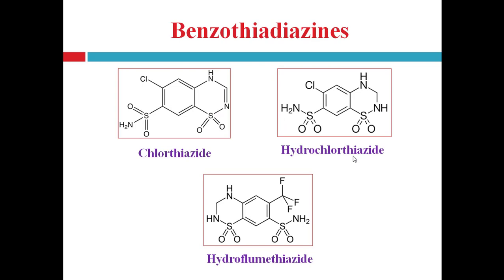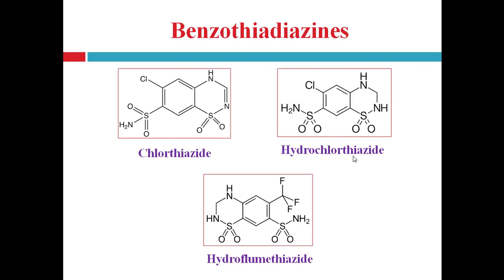Now let's see the structures of different diuretics. First one is benzothiazines. As the name indicates, this compound contains the benzothiazine ring. Now what is the benzothiazine ring? Let's start from the end of the word, azine. Azine means a 6-membered ring with nitrogen atoms.